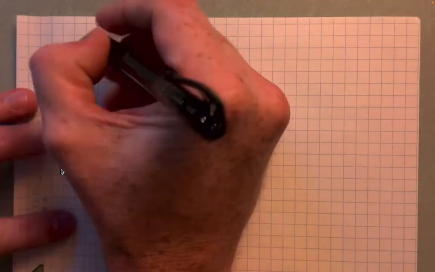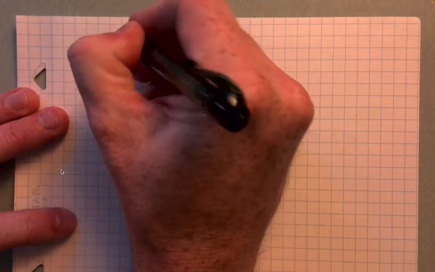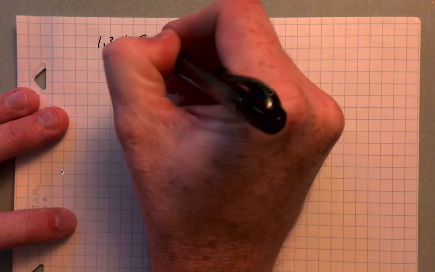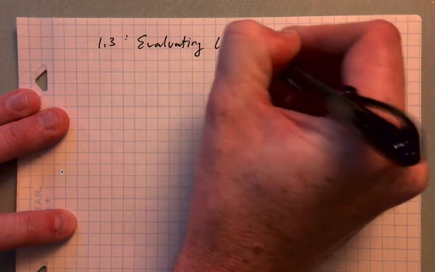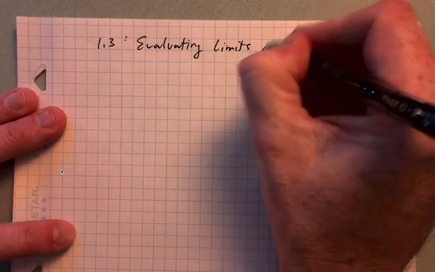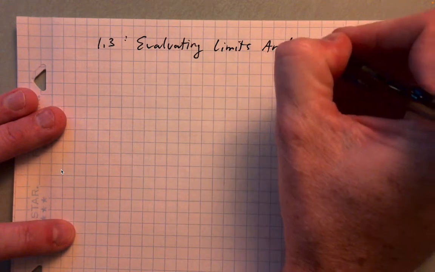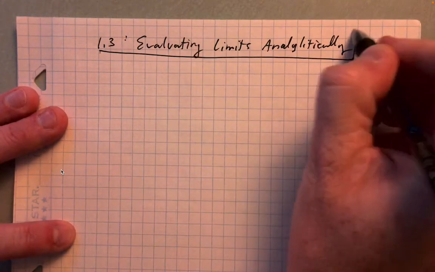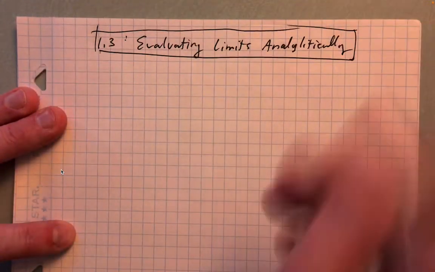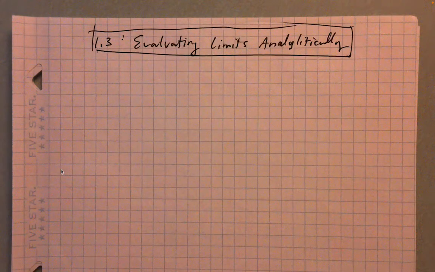So this will be section 1.3, and we're going to be talking about evaluating limits, and specifically analytically. Okay, so what we'll do is let's go ahead and start with just the simplest theorem. This is really the first theorem to start with.